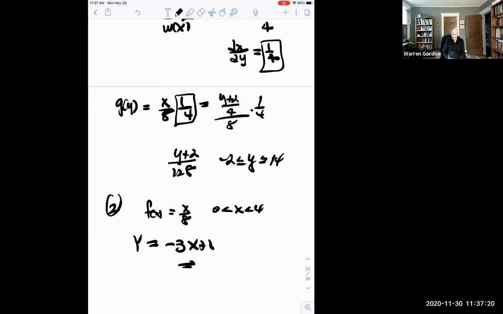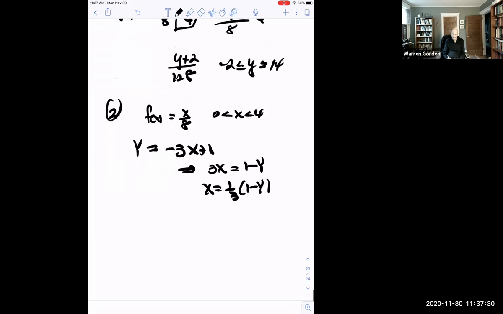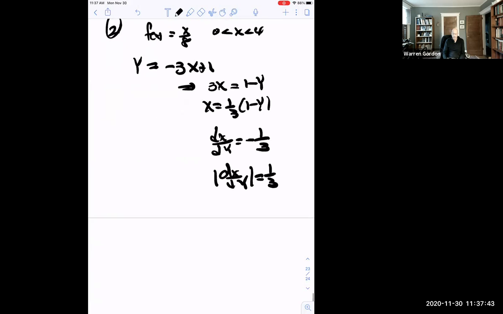That means 3x is equal to 1 minus y. x is equal to 1/3 times 1 minus y. And dx dy is equal to minus 1/3. So if I take the absolute value of that, I get 1/3. So now let's remember what the theorem said.